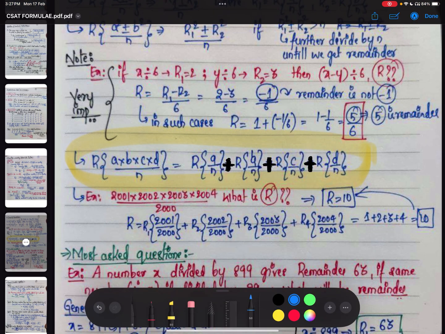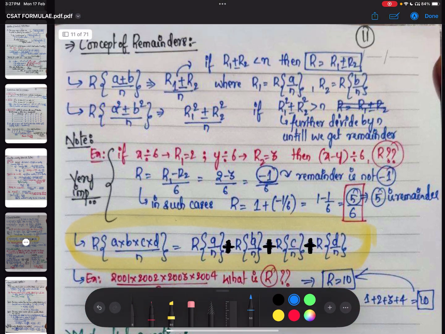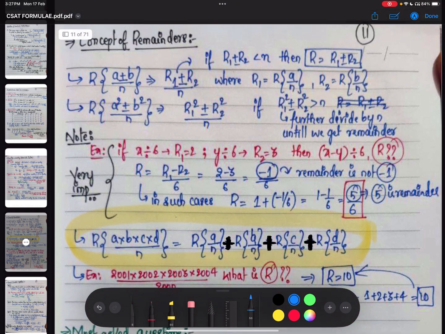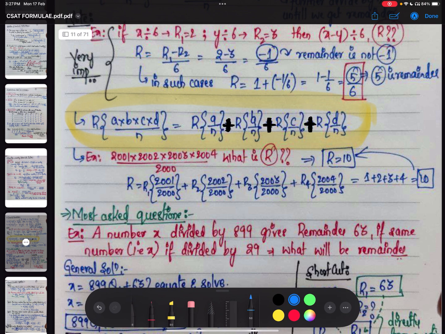This is the formula. In the CSAT formula book, on page number 11, you can find the concept of remainders. See, what is the formula?